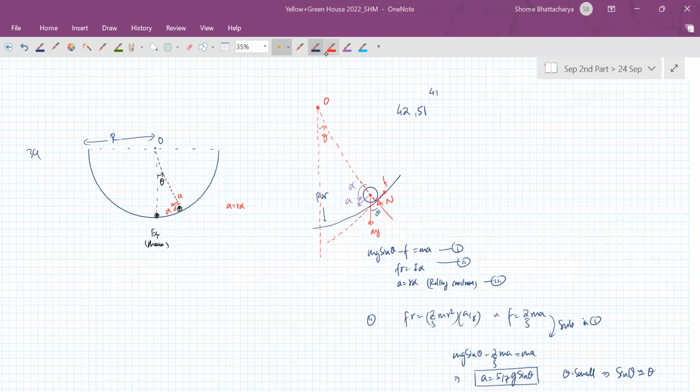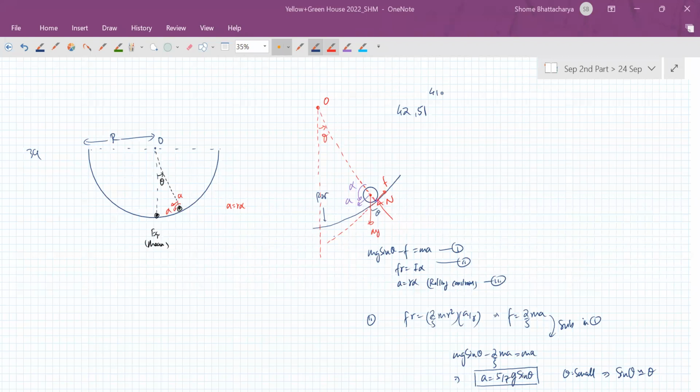Yes, it's a solid sphere, that's why 2 by 5 mr square. Then solve this equation, take this to that side. It becomes 1 plus 2 by 5. So that's how. Yes, so 2 by 5 ma only. R is cancelled.